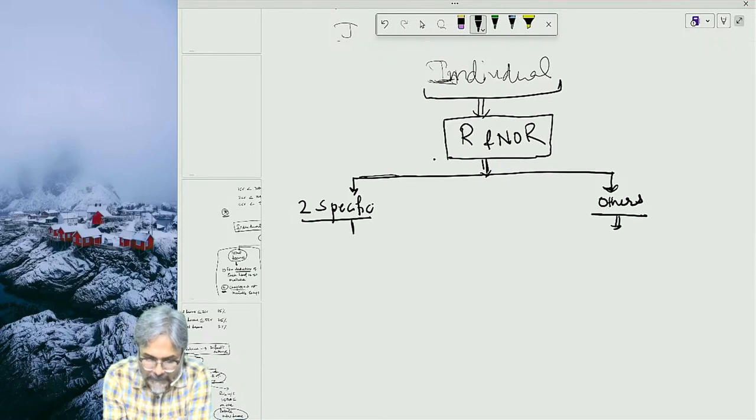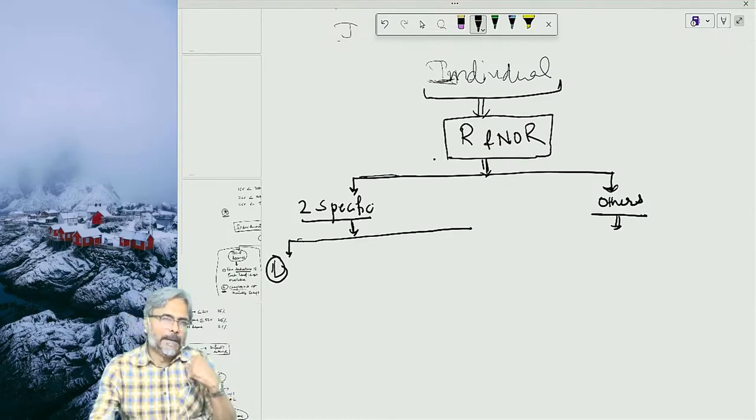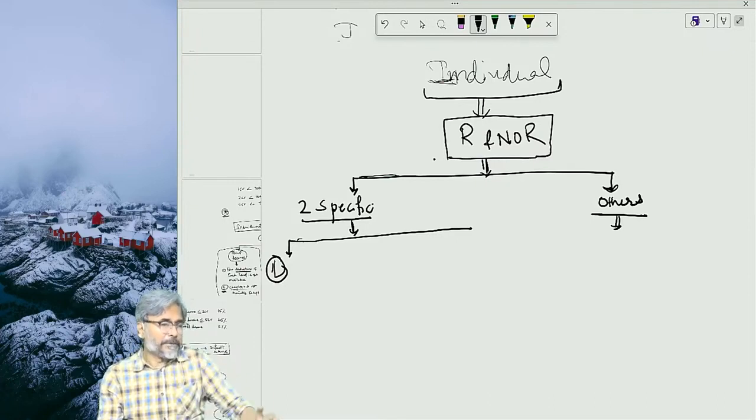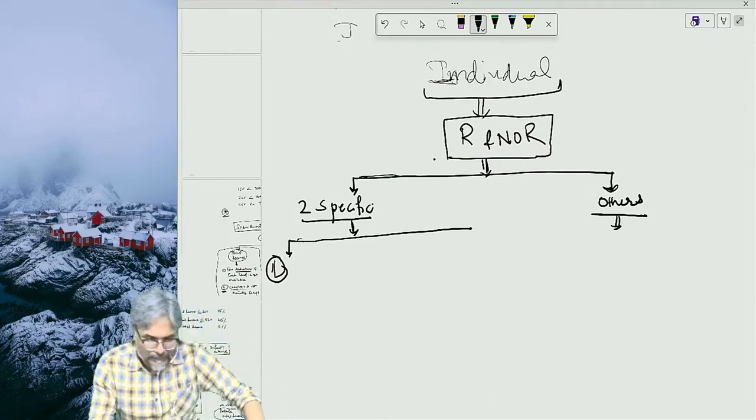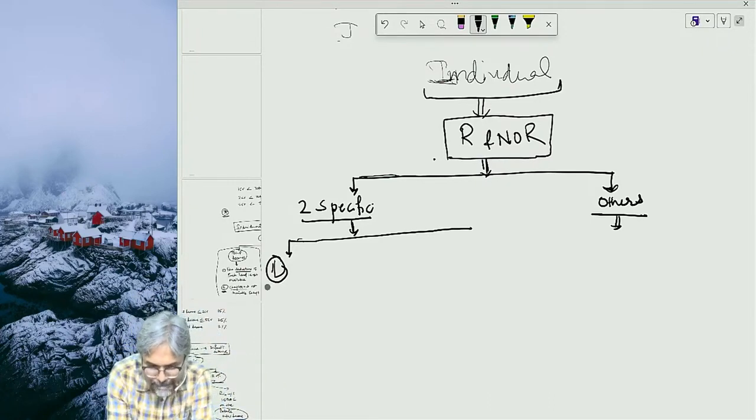So two specific cases are. Remember those two specific cases? One is a person of Indian origin or a citizen of India who comes to India for a visit.